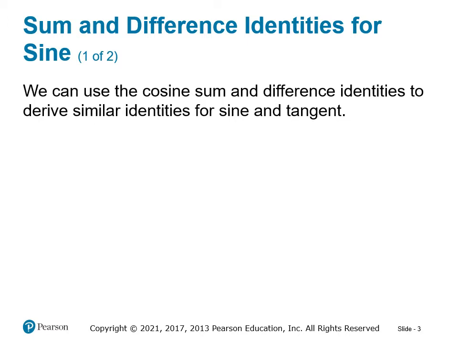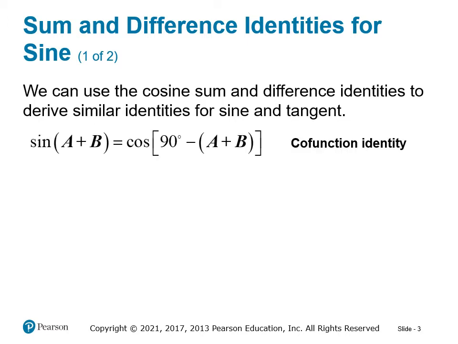We can use the cosine sum and difference identities to derive similar identities for both sine and tangent. For example, if we're trying to figure out the sine of a sum of two angles, we can recognize that sine and cosine are cofunctions, meaning that the sine of an angle is equal to the cosine of its complementary angle.